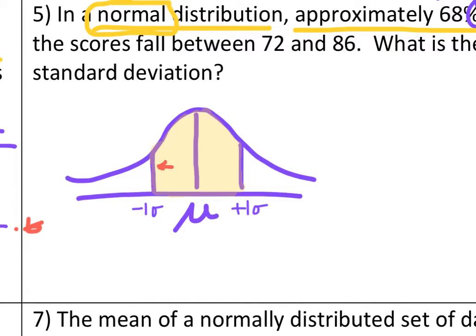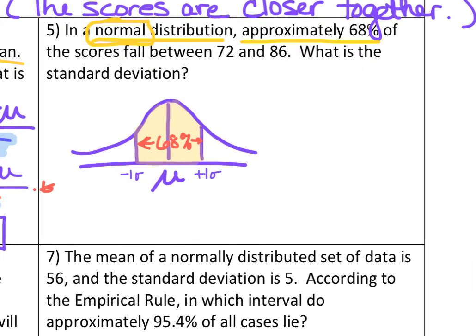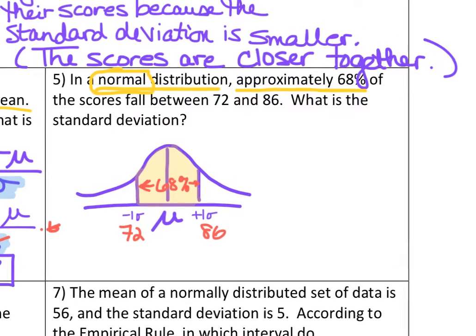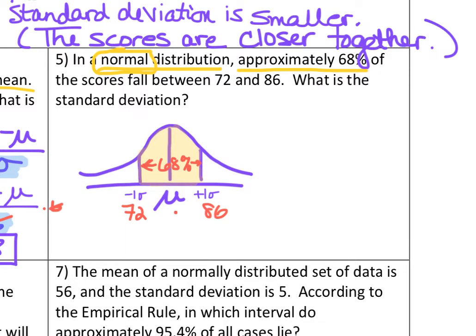So from here to here, that is 68% of the data. And this problem tells us that those scores fall between 72 and 86. And so it's just asking what the standard deviation is.